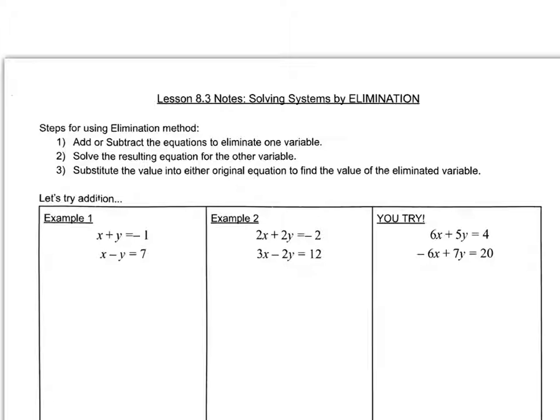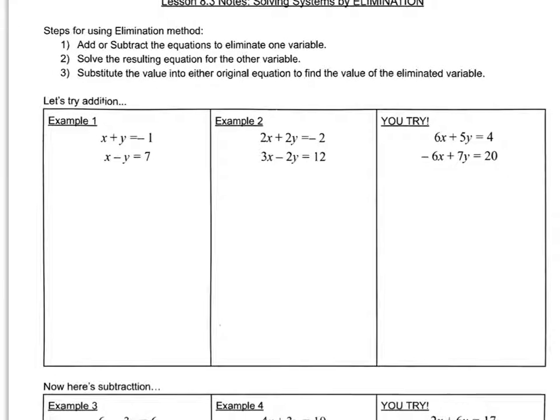Step number 3 is to substitute that value into either original equation, so we pick which one, to find the value of the variable that we made a zero with at the very beginning. As always, I'm going to show you how this works and then give you a chance to try it out for yourself.